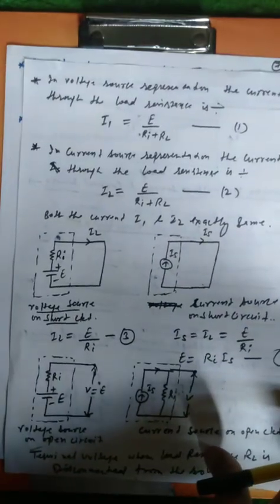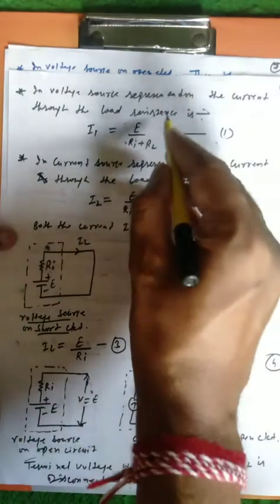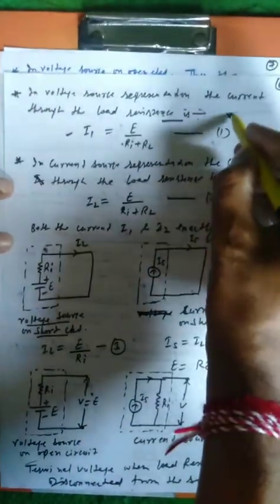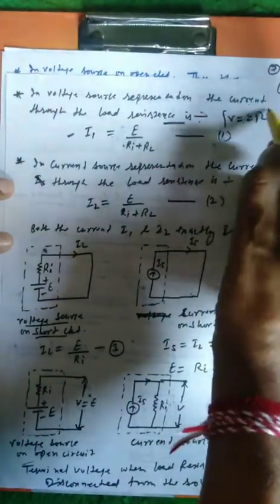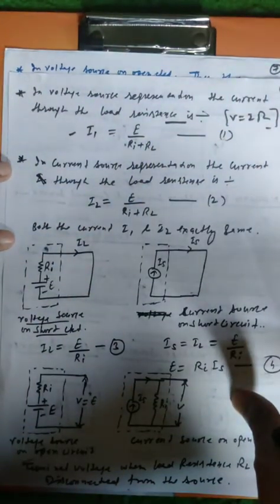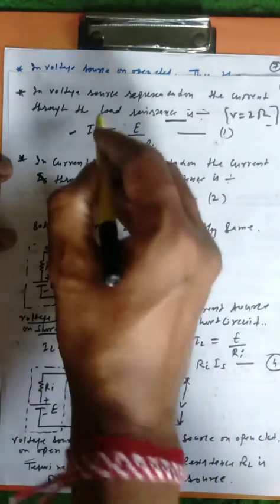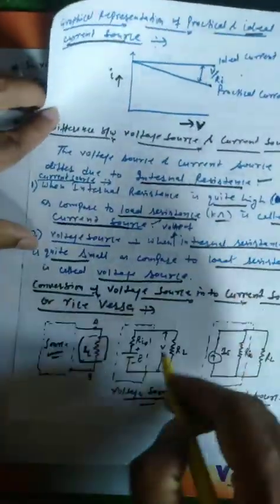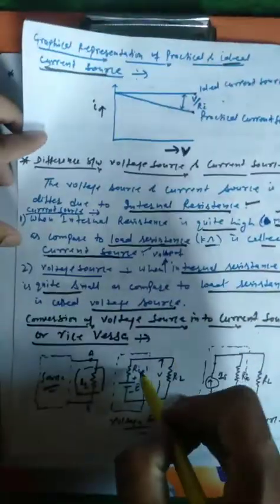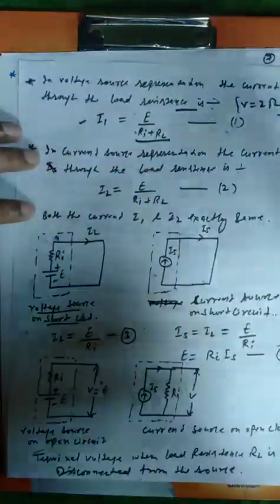Now in the voltage source representation, the current through the load resistance is given by, we know that V is equal to IR. From there we calculate I is equal to voltage upon resistance. So in case of the voltage source, I is equal to the supply voltage, that is E, divided by Ri plus RL, series resistance.